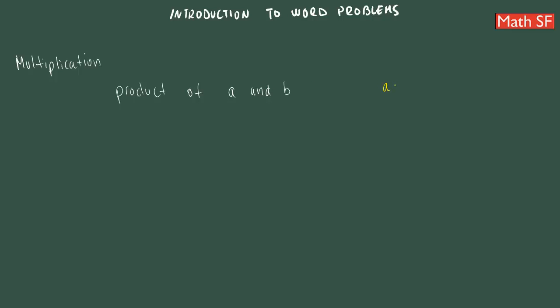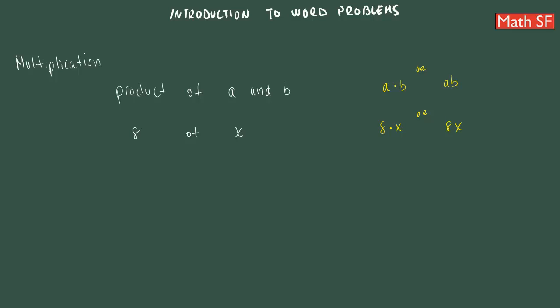It will be a times b, or you will just write ab. Now another sentence that you will see is a of x. The word of stands for multiplication, so a times x, or ax.